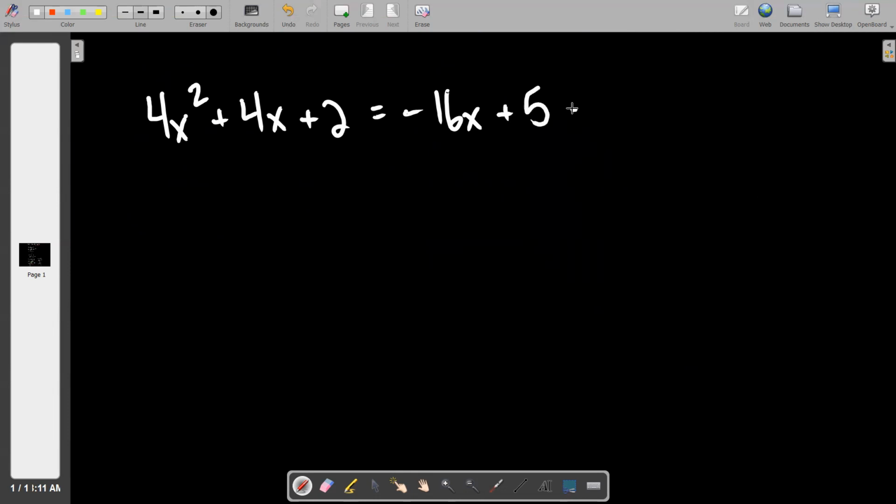So the next one I have is 4x squared plus 4x plus 2 equals negative 16x plus 5 minus 3x squared. So we've certainly got a little bit of work on the front end to do, right?